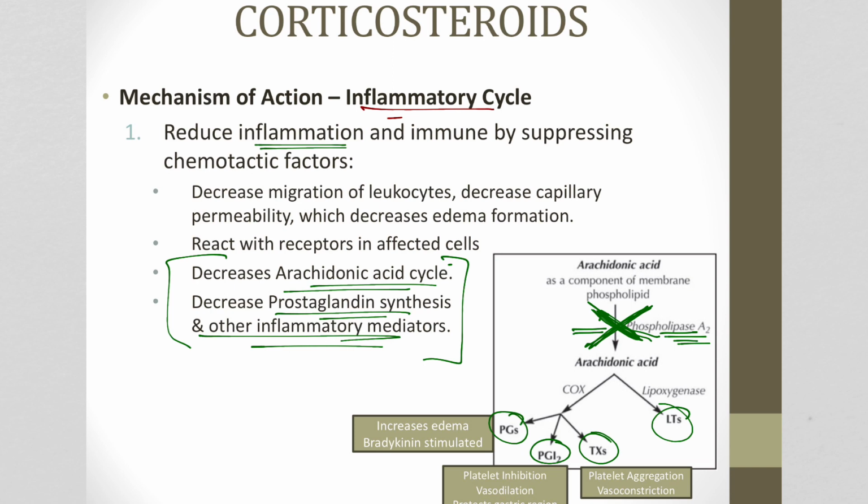But remember, on the left side of that older chart, we talked a lot about phagocytic and non-phagocytic cells, right? And we said that our leukocytes are going to be important because we're going to have our macrophages and our neutrophils, right? They're going to come in and start cleaning up the area. Remember that? And then we had our platelets, right? And our lymphocytes that would then come in and start to wall things off. Well, we have a decrease in the migration of those items.